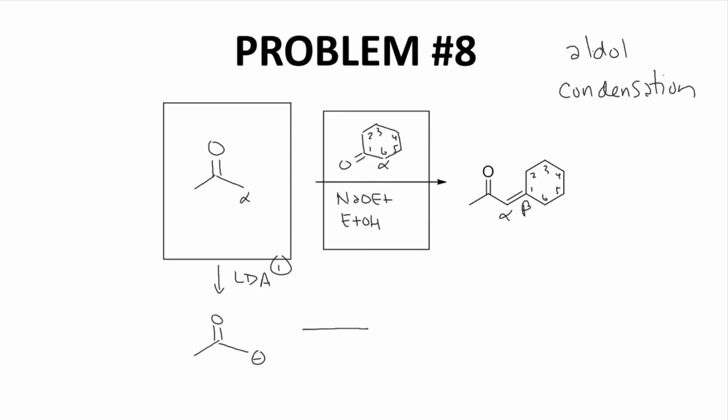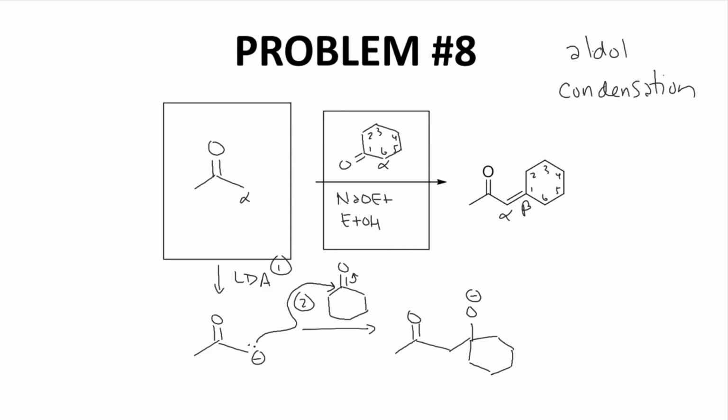Now, step 2, now that we have our enolate, now we can add our ketone. Now this enolate will say, aha, I see a carbonyl, and it can attack. Now this really looks like an aldol reaction. This is not the prettiest picture, but I think it'll do.